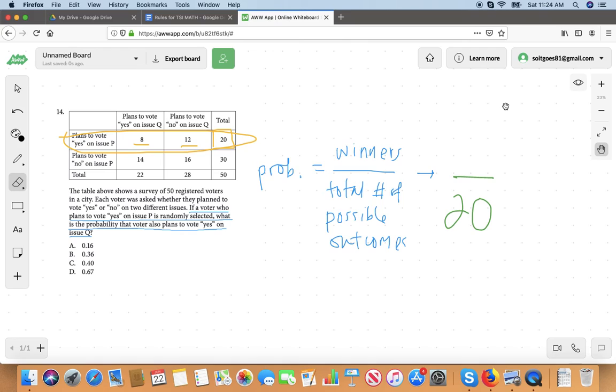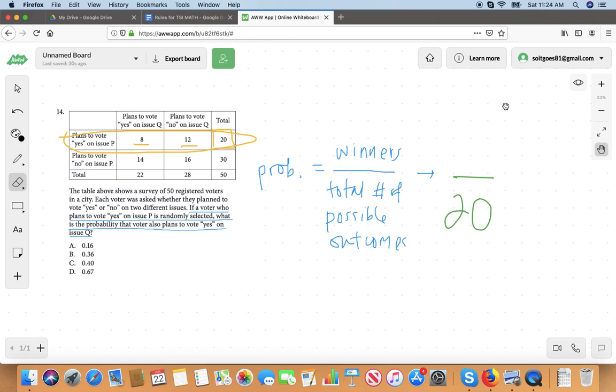So if a voter who plans to vote yes on issue P is randomly selected, of those 20 voters, what is the probability that the voter also plans to vote yes on issue Q? Of those 20, how many plan to vote yes on issue Q?